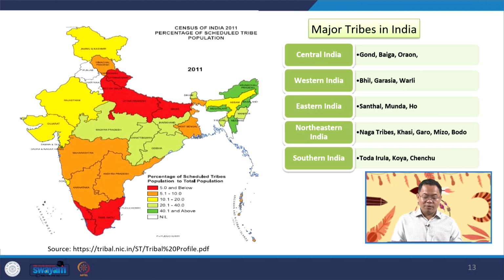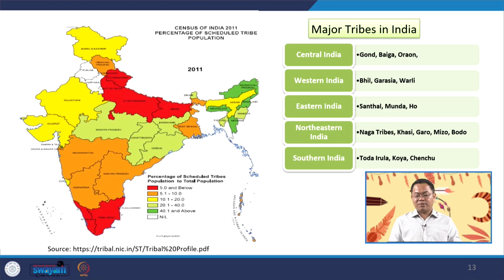If you look at the eastern part of India, like Odisha, the western part like Gujarat, the southern states such as Kerala and Tamil Nadu, and up north as well, like Himachal and Jammu and Kashmir, tribal communities in India are quite spread out. So yes, geographically tribal communities are spread out all over the states, and there is also a significant population of tribal communities even in the Andaman and Nicobar Islands.